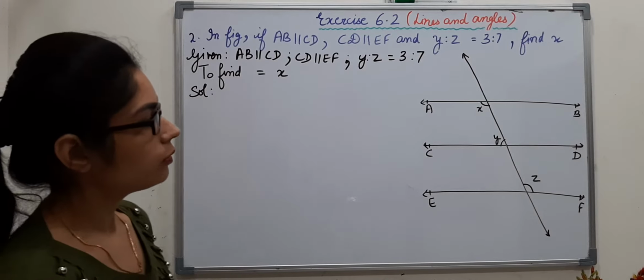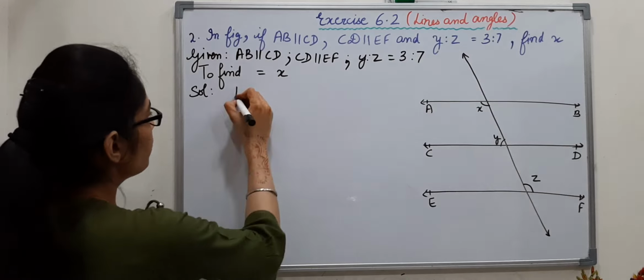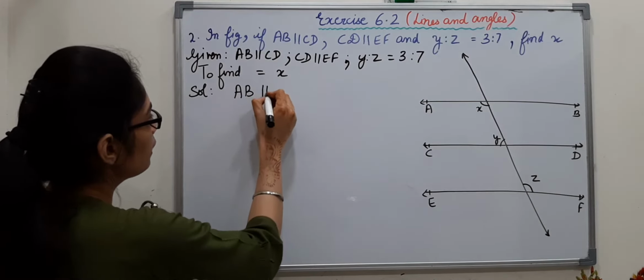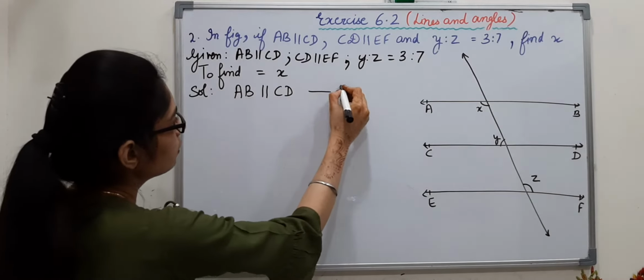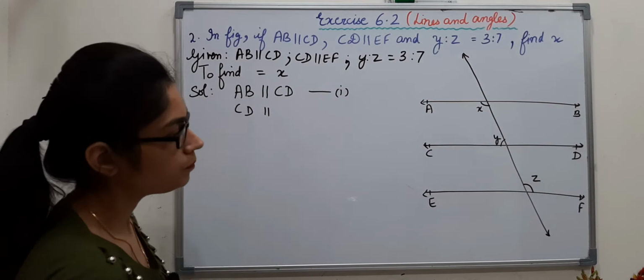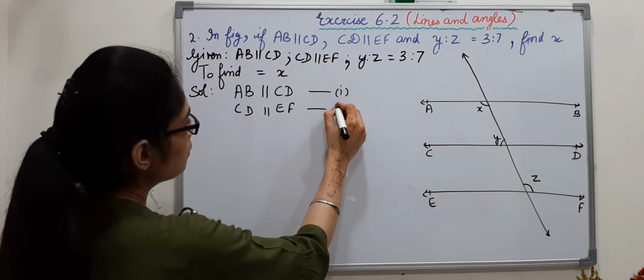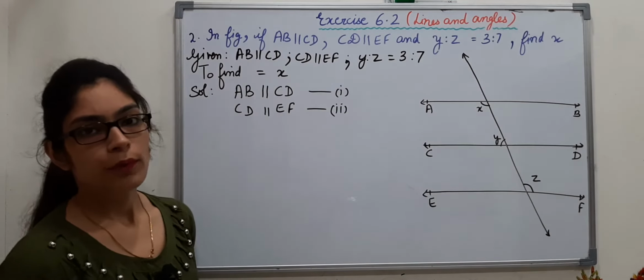So solution. Now we know AB is parallel to CD. We can name it as point number 1, and CD is parallel to EF. Let's name it as point number 2.